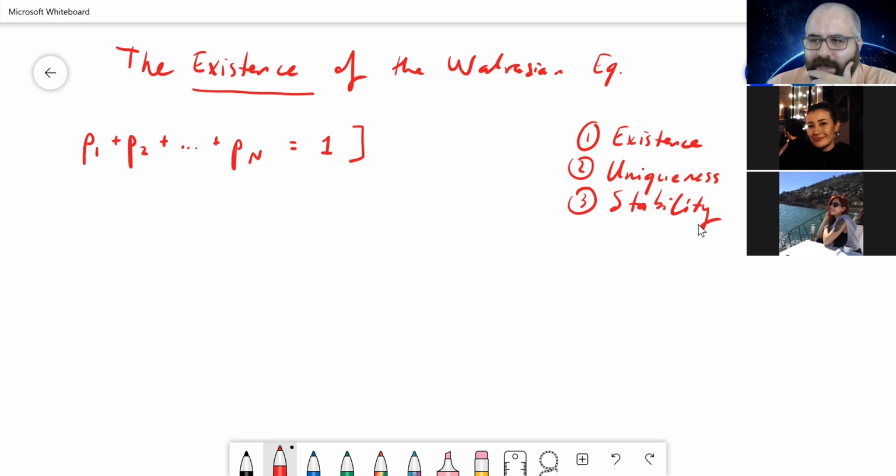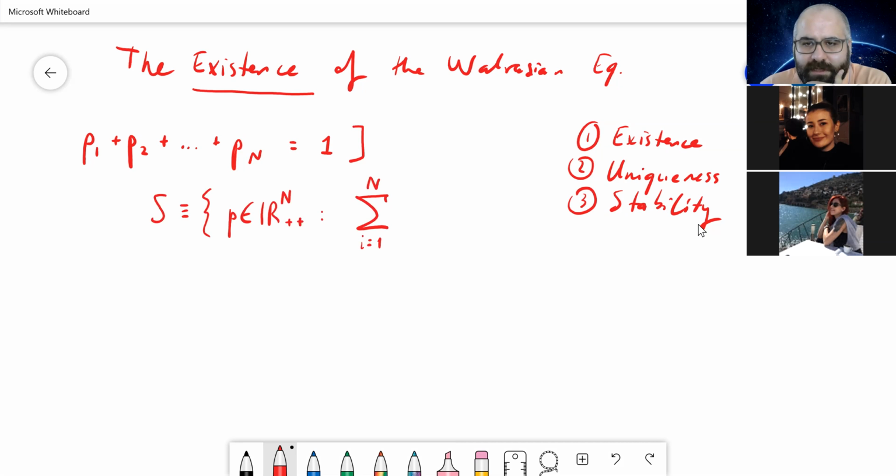So this, of course, creates a set, right? That set can be defined in this way. A typical element is a price vector in this set.